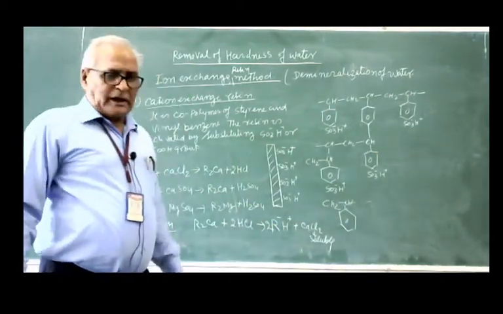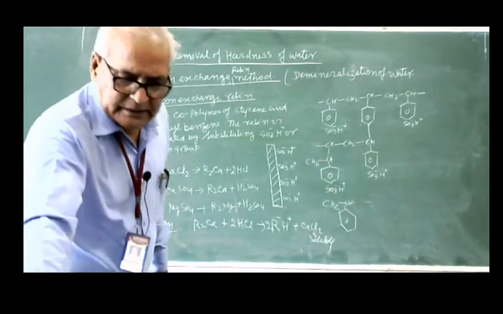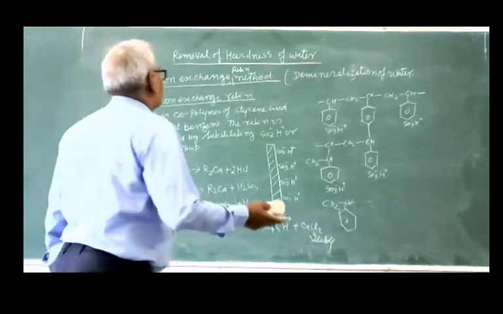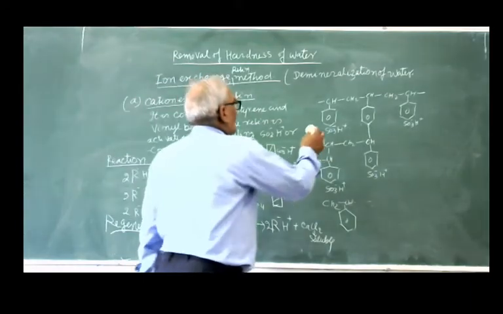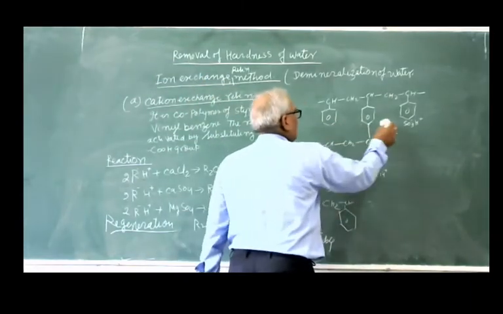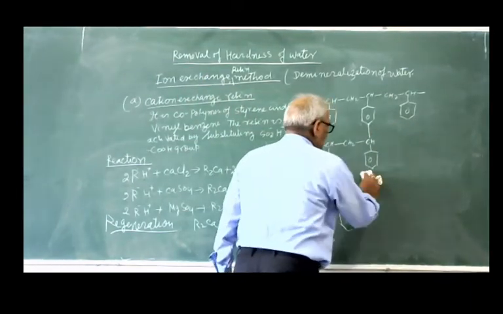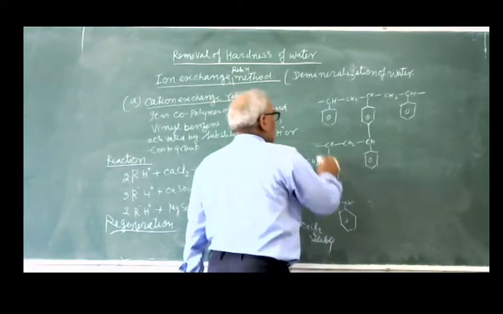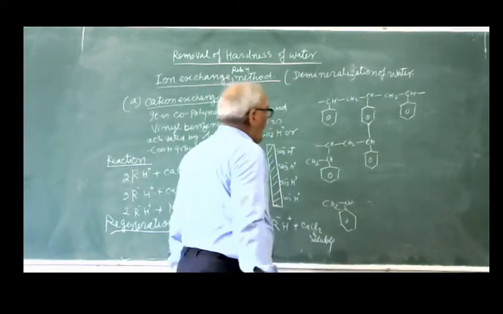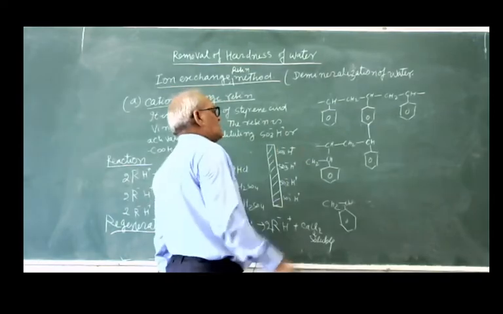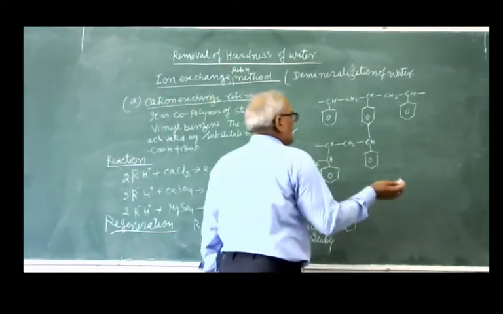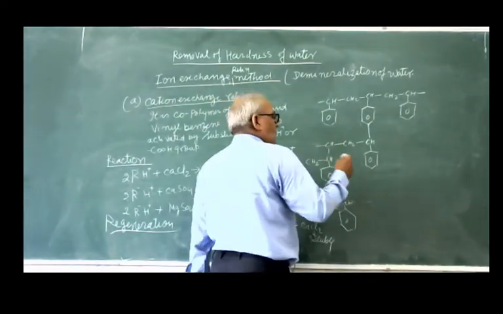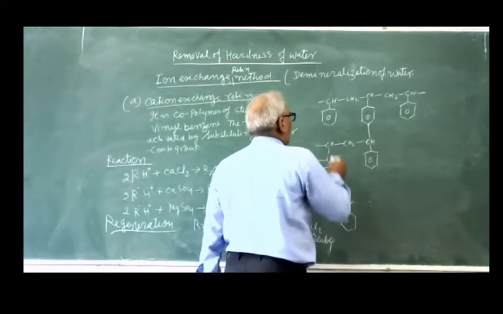Now come to the other type of resin, the anion exchange resin. This is the polymer. Now we activate it. How do we activate it? By substituting a group having OH ion.